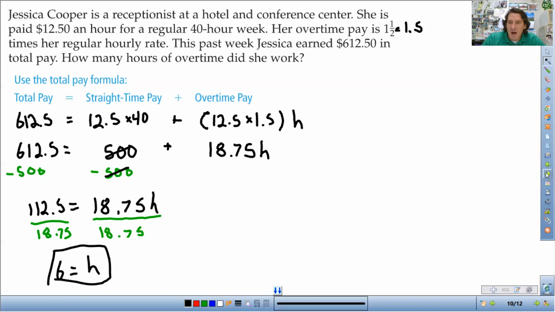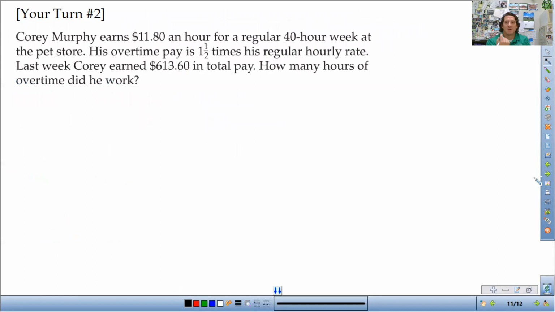Last problem. Go ahead, pause the video, try to work it out by yourself and check your answer when you're done. I'm going to go ahead and work through it now. Corey earns $11.80 per hour for a 40-hour week, overtime is 1.5 times his regular hourly rate. He earns $613.60.